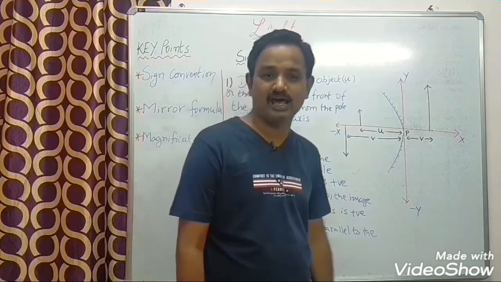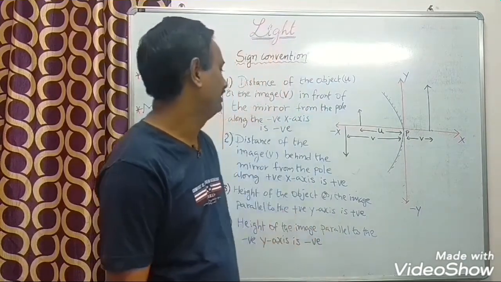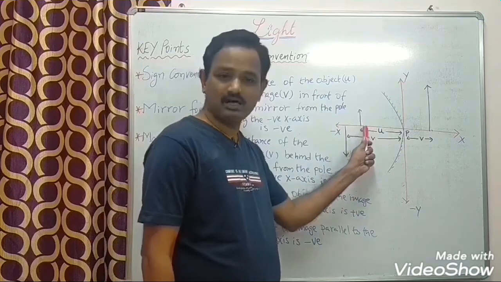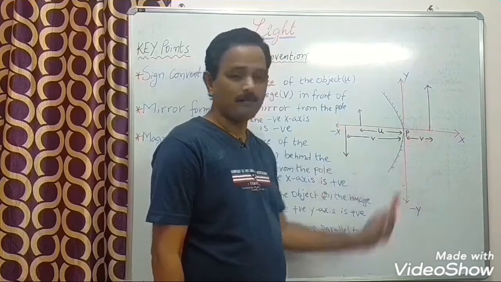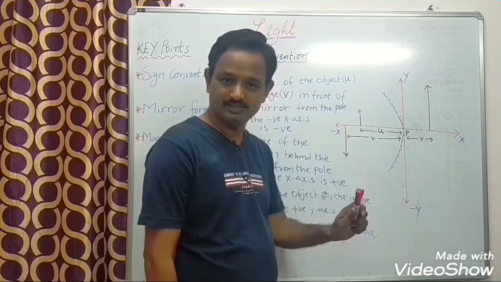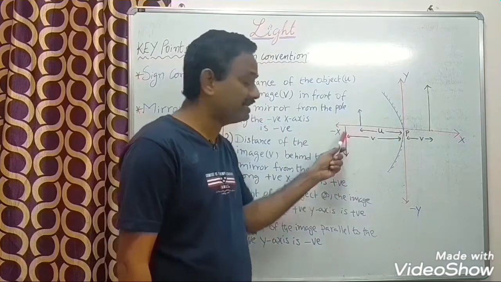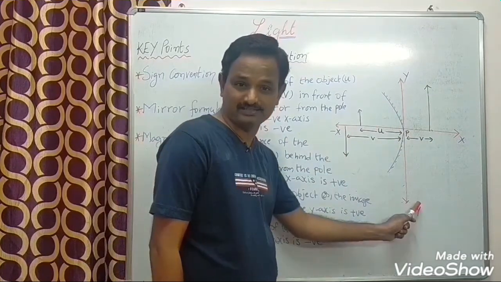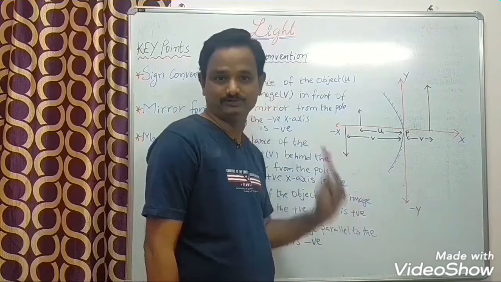And what about height? Height of the object or image parallel to the positive y-axis is positive, and the height of the image parallel to the negative y-axis is negative.